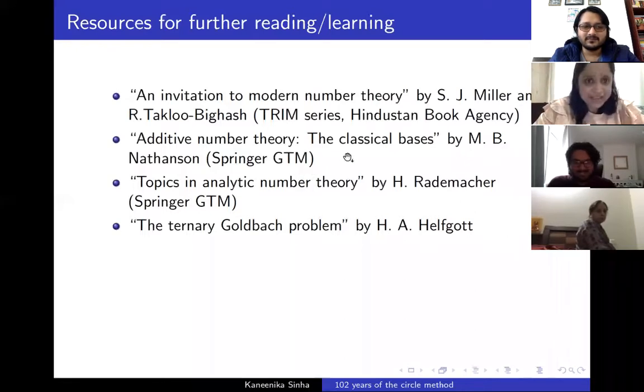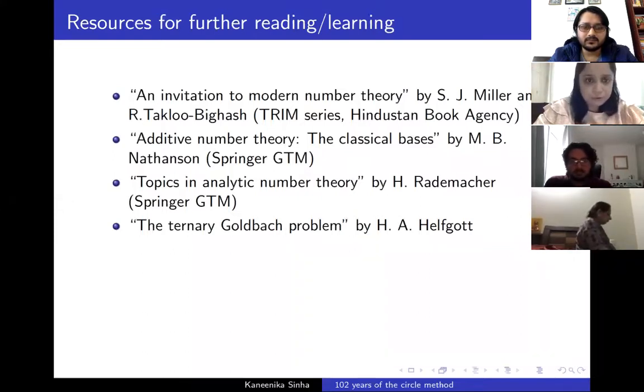The other book is Additive Number Theory: The Classical Bases. This is one of these Springer Graduate Texts in Mathematics, written by M. B. Nathanson. It's a very well-written book where he gives a very careful treatment of Waring's problem and the ternary Goldbach conjecture, and he explains how the earliest treatments of the subject were done, like how Vinogradov proved an ineffective form of ternary Goldbach, for example.